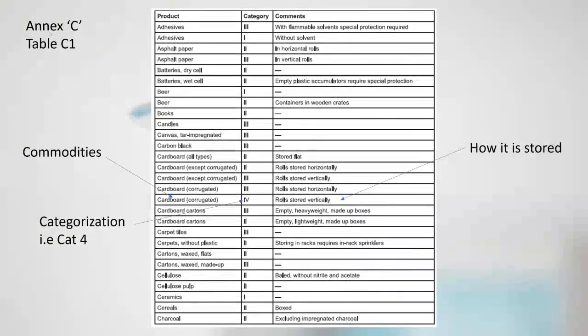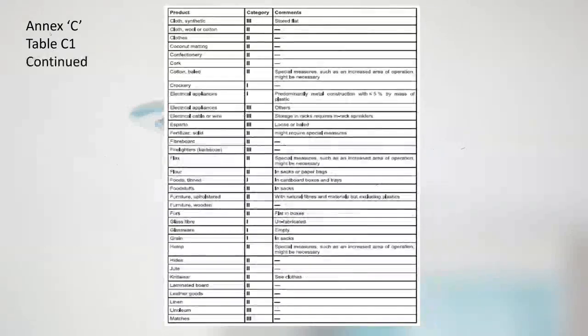Corrugated cardboard, where you've got a bit of free movement between the bits of paper. Cardboard's got air inside it. The fire can get into the gaps and then catch quite quickly. And it keeps going on and on. You'll see here that, for instance, flour in sacks or paper bags, category 2.